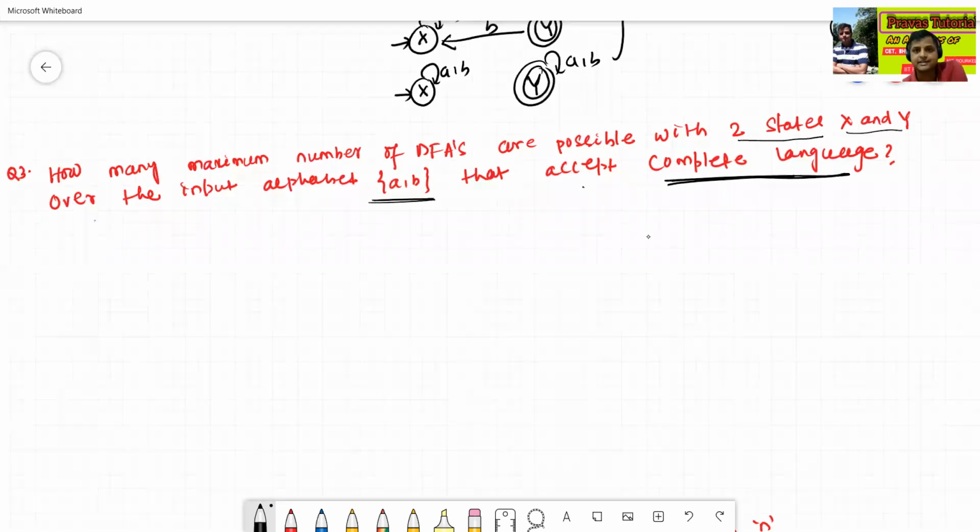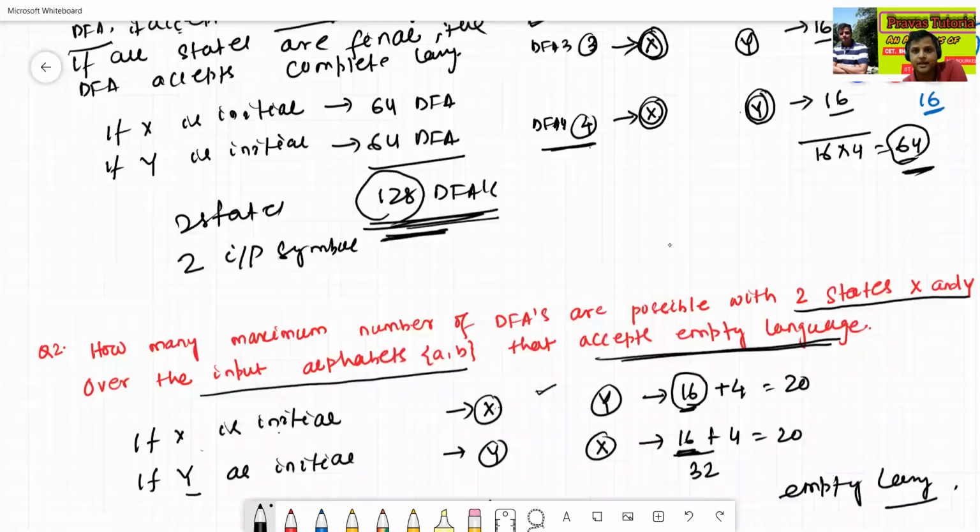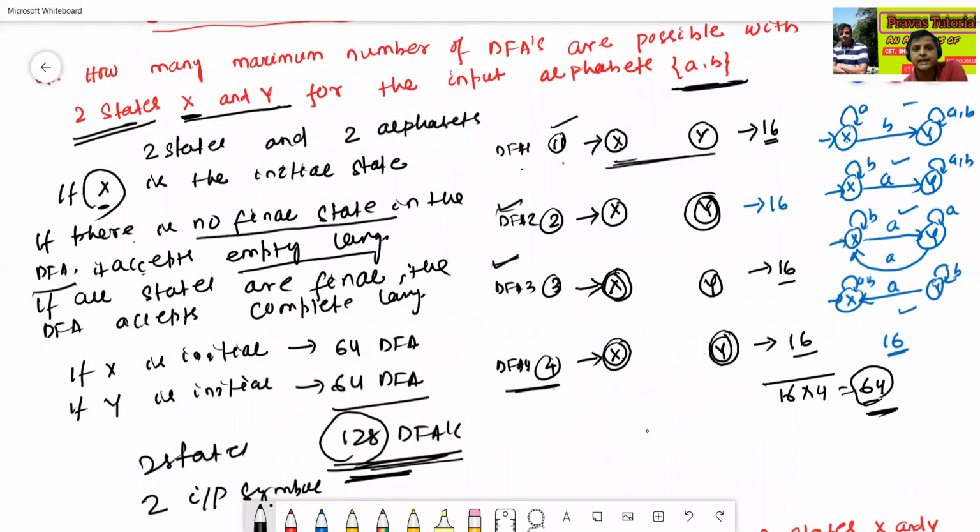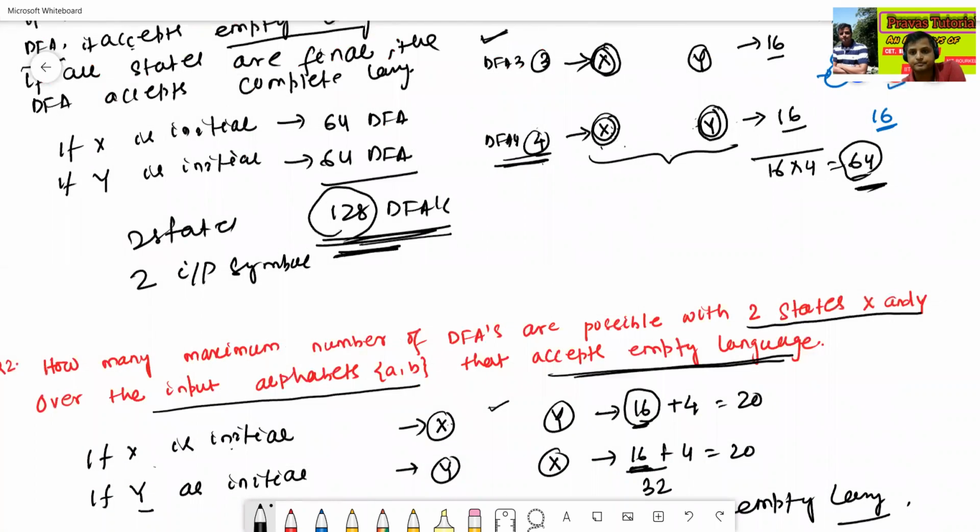In the first case, DFA1 accepts the empty language, but in DFA4, all states are final, so X and Y both are final, and this accepts the complete language.